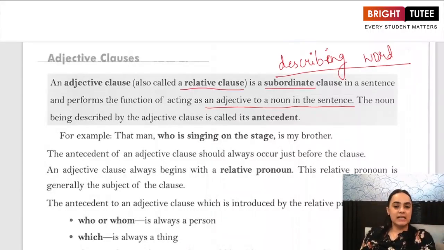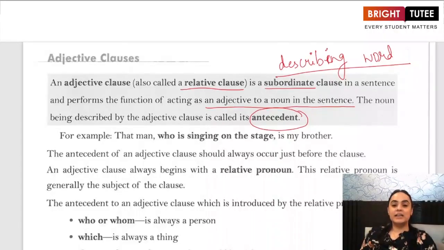So basically, an adjective describes a noun or a pronoun. An adjective clause serves the same purpose, describing the noun or the pronoun in the sentence, and it is also known as a relative clause. And the noun which is described by the adjective clause is known as its antecedent.